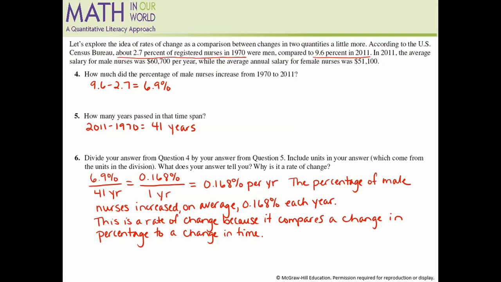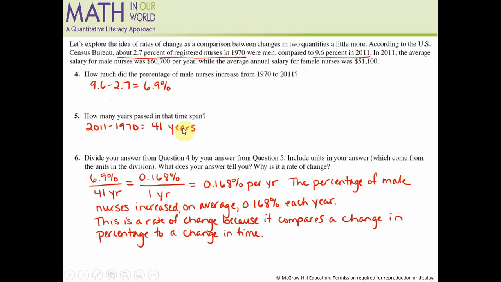In 2011, the average salary for male nurses was $60,700 per year, while the average annual salary for female nurses was $51,100. How much did the percentage of male nurses increase from 1970 to 2011? It went from 2.7 up to 9.6, so that's an increase of 6.9%.